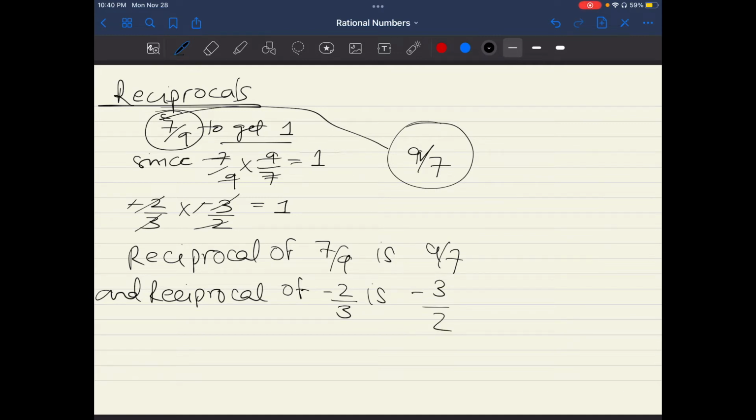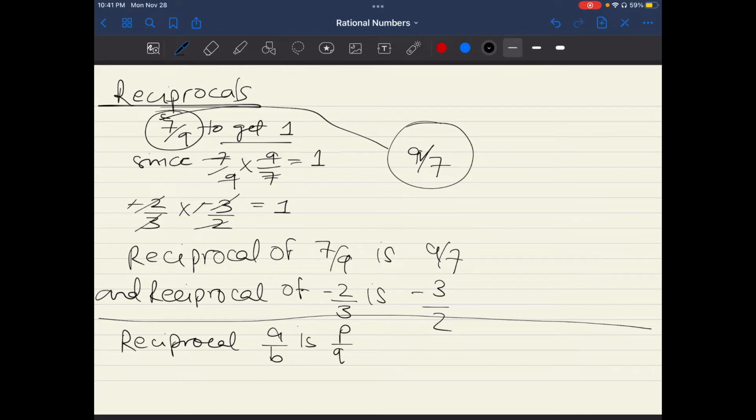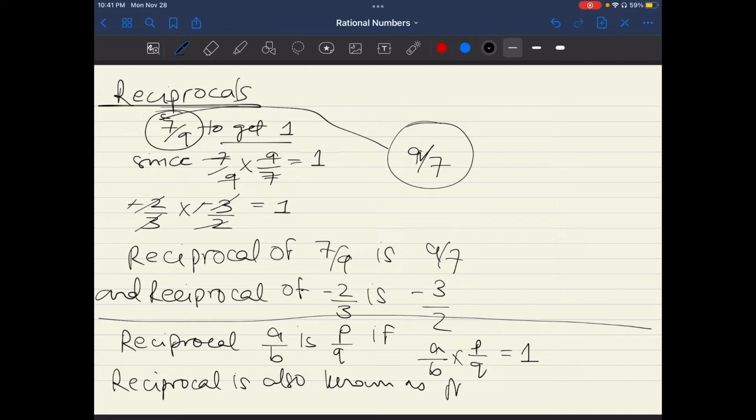Therefore, if we were to generalize this, we can say that the reciprocal for a rational number a over b is p over q if a over b times p over q equals 1. Reciprocal is also known as multiplicative inverse.